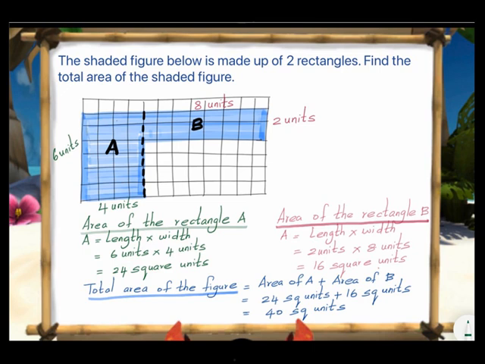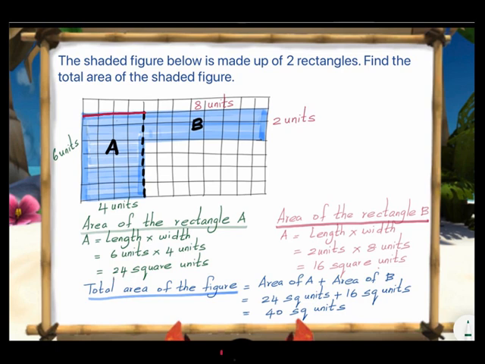Width is 1, 2, 3 and 4, so 4 units. So we know that 6 times 4 is 24, and units times units is square units. So the total area of the first rectangle A is 24 square units.